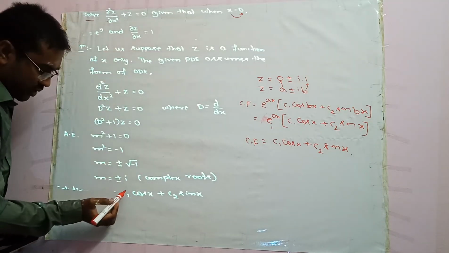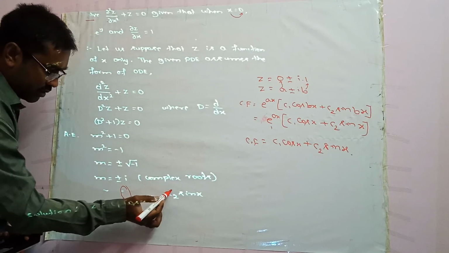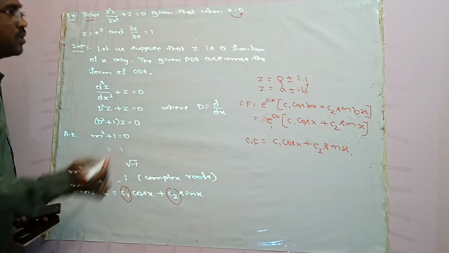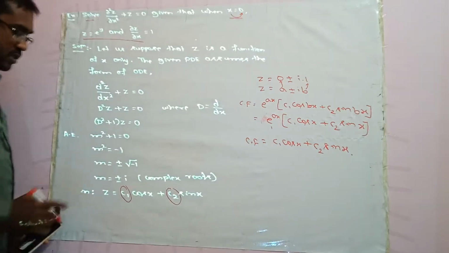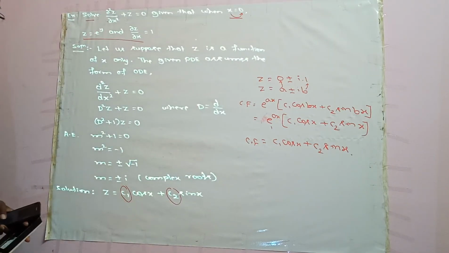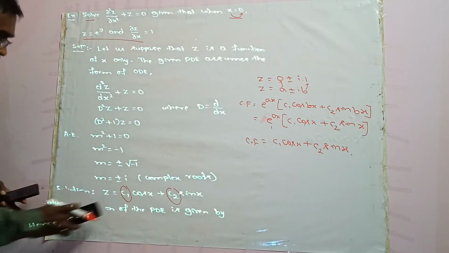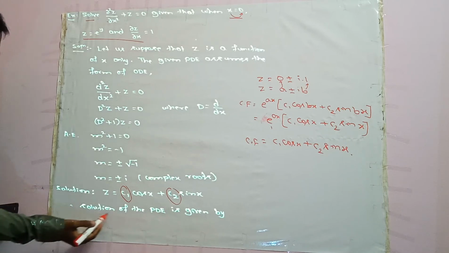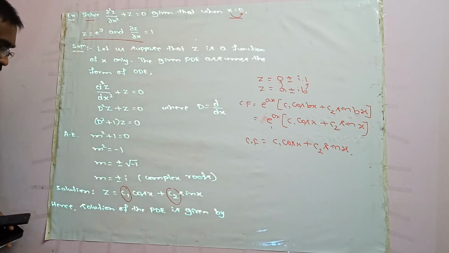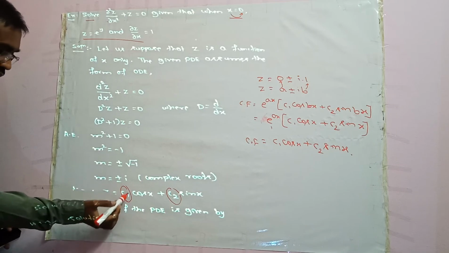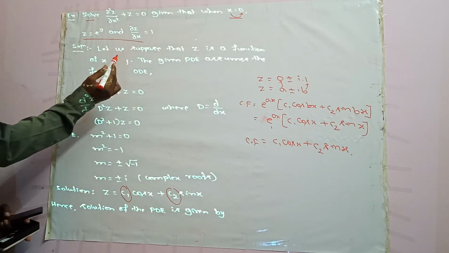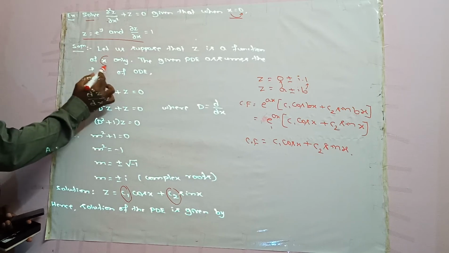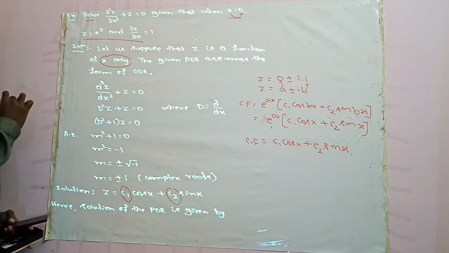Now our aim is to find what is the value of c1 and what is the value of c2. Using these conditions, we are going to find c1 and c2. The solution of the given differential equation is given by, let us take this c1 and c2 in terms of y, because we are treating z as a function of x only.